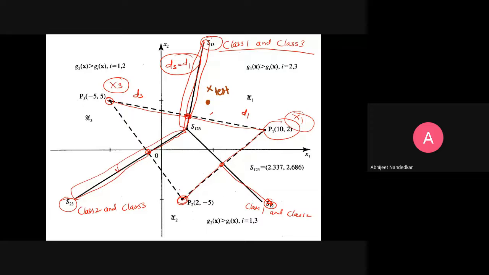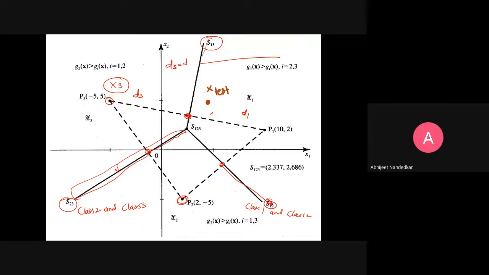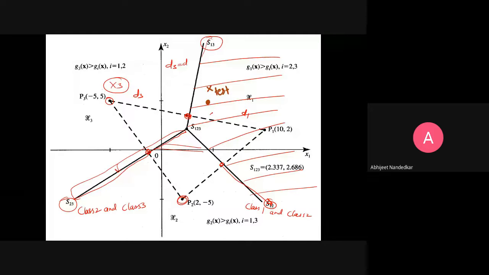Now what is expected is that any sample in this shaded region belongs to class 1. Any sample in this shaded region belongs to class 2.